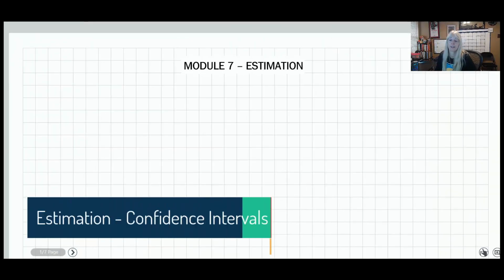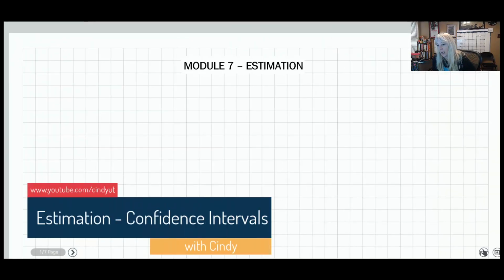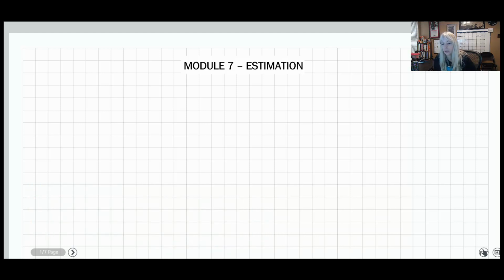This section is about estimation, and we rarely know a true population parameter. What do I mean by population parameters? Well, we have the population mean, which is mu.